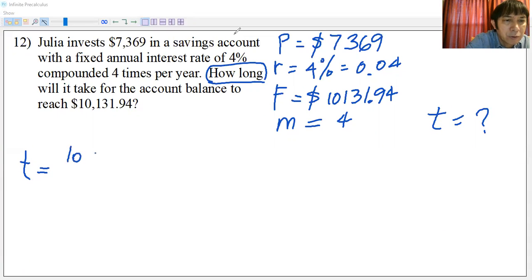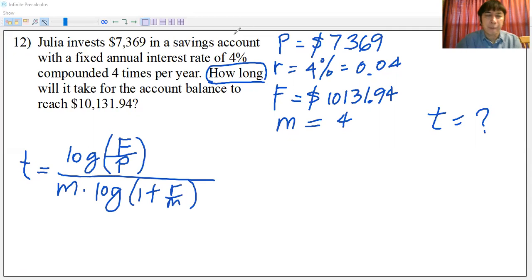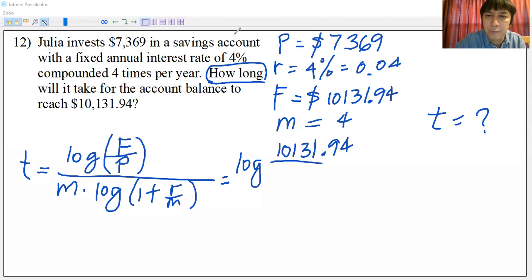That's logarithm of the ratio of final amount over present amount divided by the product of the compounding period and the logarithm of 1 plus R over M. So this will be equal to logarithm of F, 10131.94, divided by P, 7369.